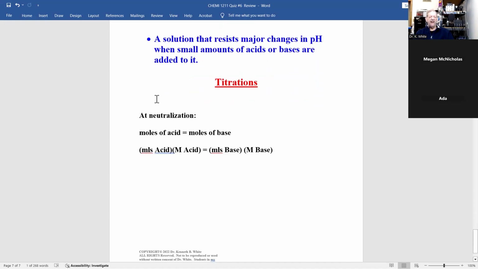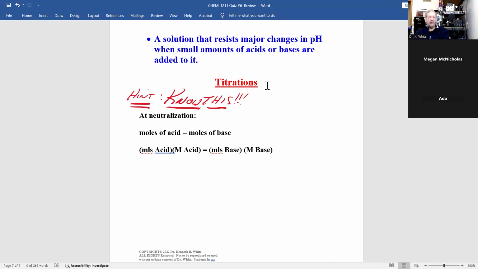Now, there's an important concept called titrations. Know this. At neutralization, when an acid and base react, it goes to neutral pH 7.